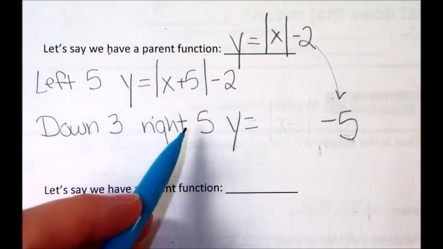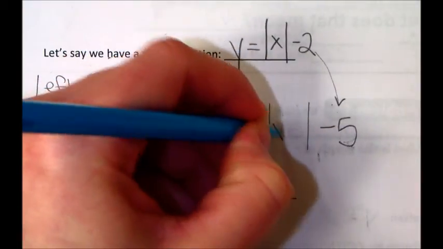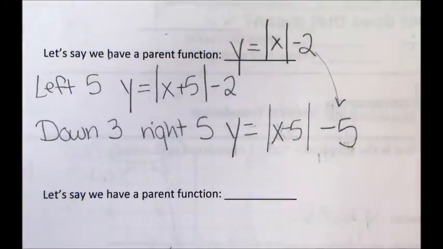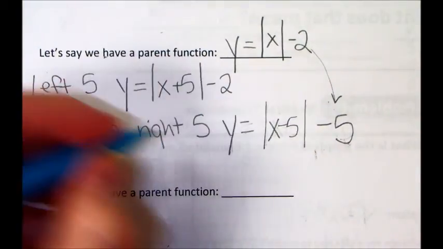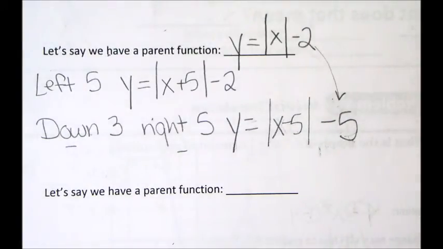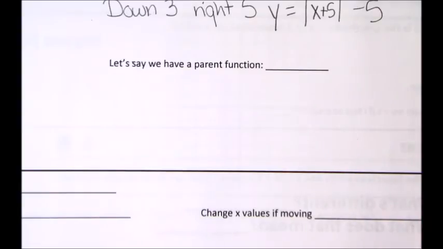When I move right 5, that goes in absolute values with x, and it would be x minus 5. It's opposite of what you might naturally want to say. So right means minus, and down means minus from the original. We could do another one, but I think you're hopefully starting to see the concept here.